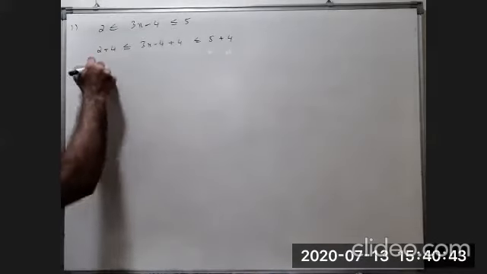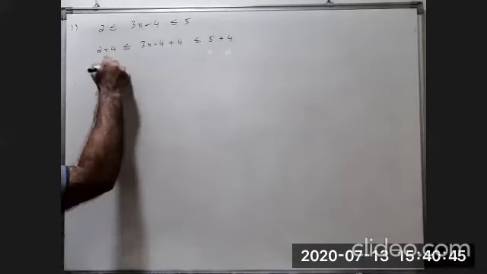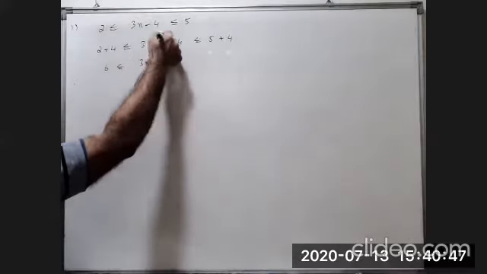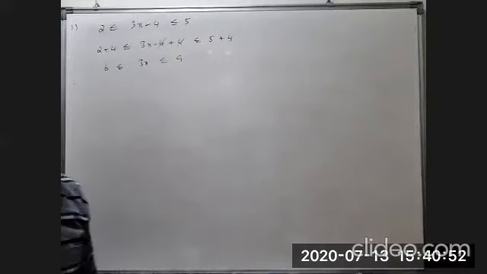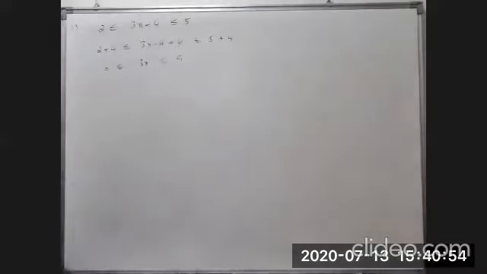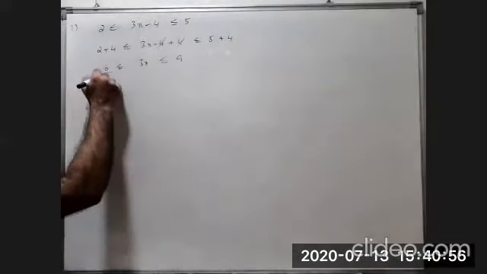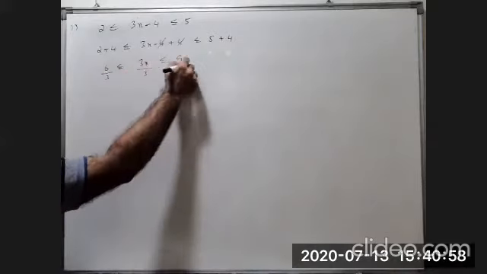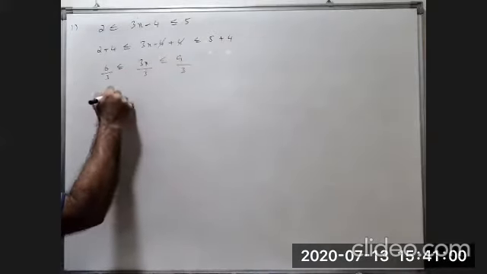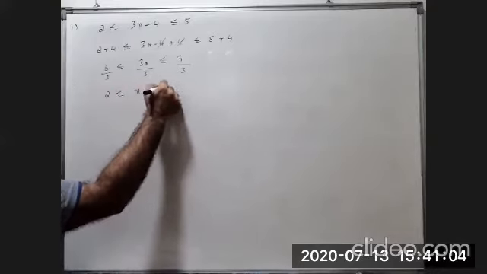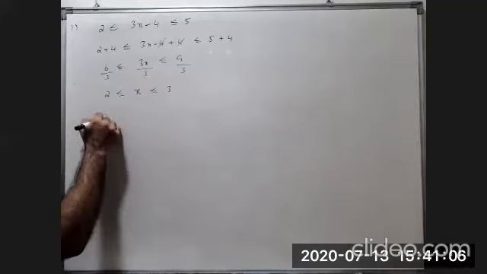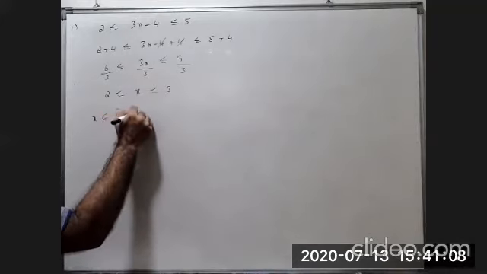So we get 6 less than or equal to 3x, because this cancels. Now how to get rid of that 3? Divide by 3. So it is 2 less than or equal to x less than or equal to 3. So x belongs to the closed interval 2 to 3.